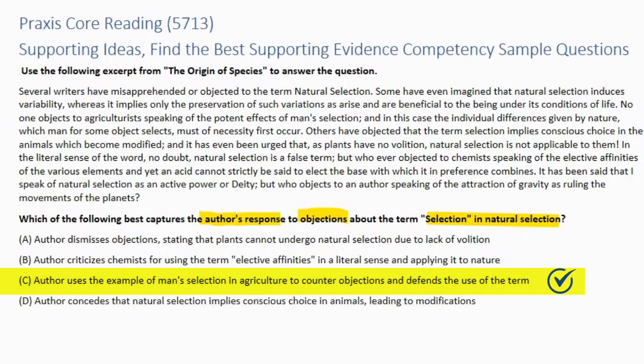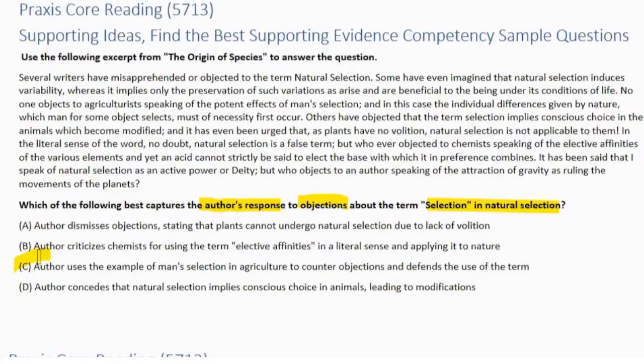The chosen option accurately reflects the author's response to objections and the defense of the term natural selection using the analogy of man's selection in agriculture. Therefore, answer choice C is the best answer choice because this is actually the author's response to objections about the term selection in natural selection.